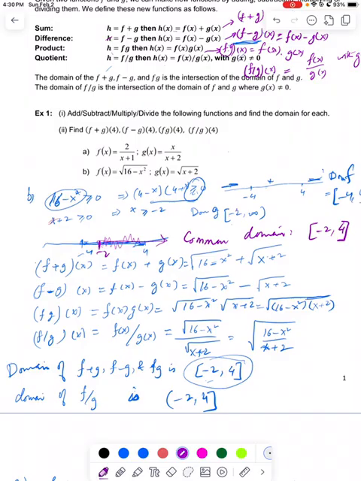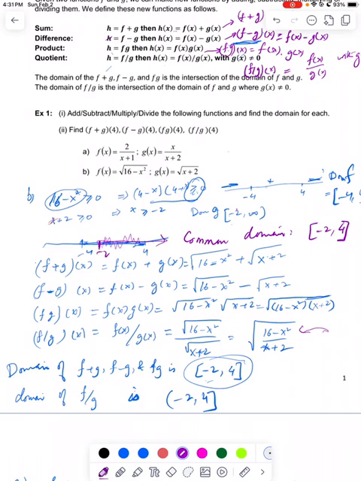So that is the domain of f plus g, f minus g, and f times g. What about f over g? Well, if you look at f over g, which is over here, can you see the denominator tells us that x cannot be equal to -2. So is -2 inside this domain?